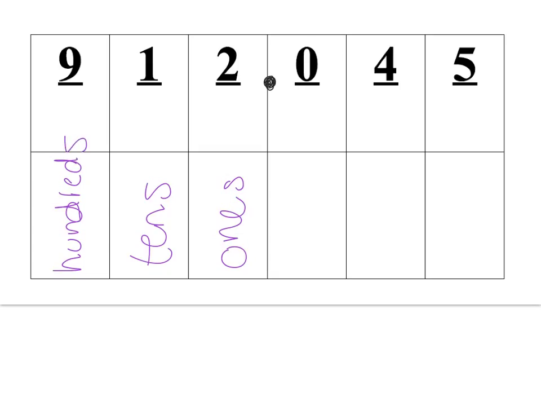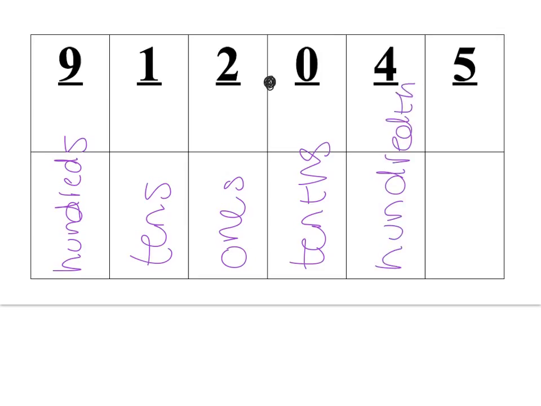If we go immediately to the right of our decimal, that is our tenths place, because we have divided one whole into tenths. To the right of that, we have our hundredths place. And finally, that would be our thousandths place. The 5 falls in the thousandths place.